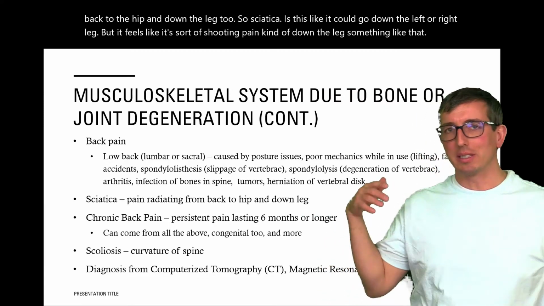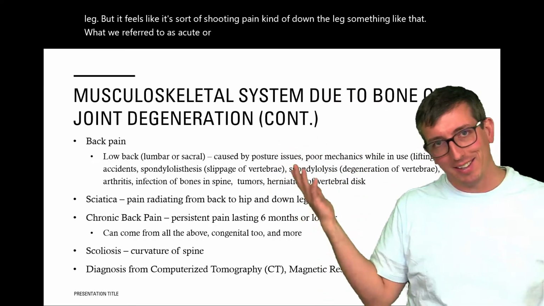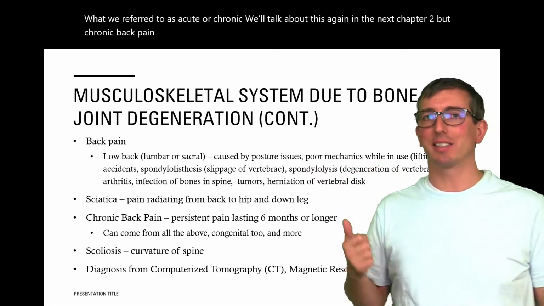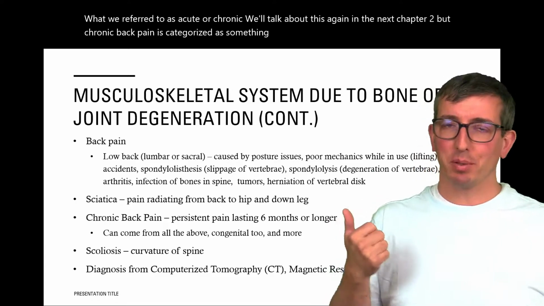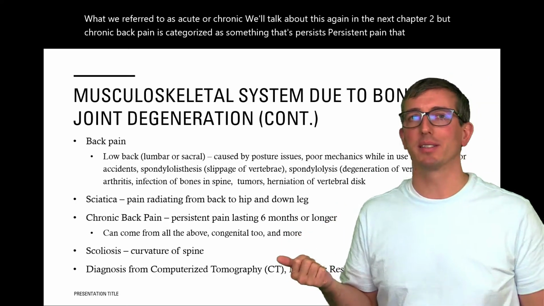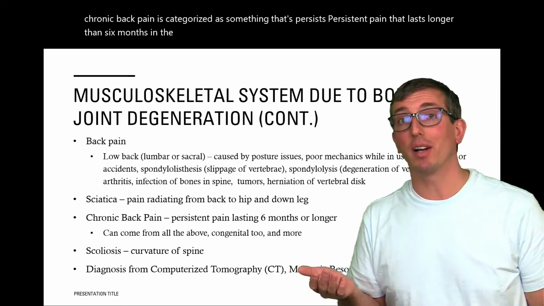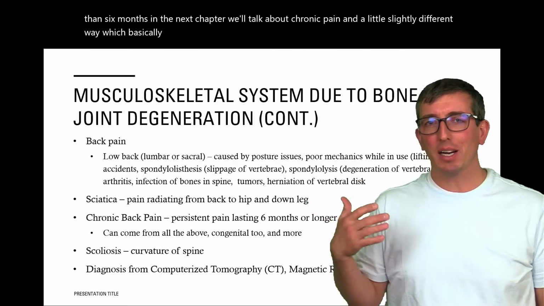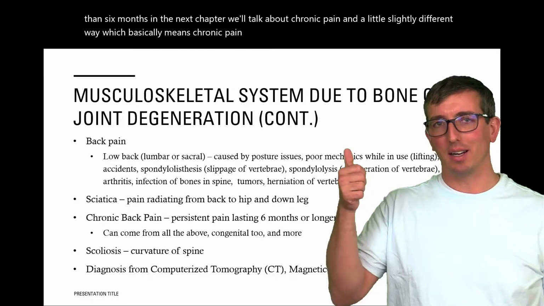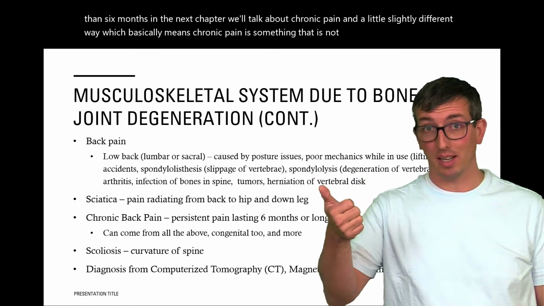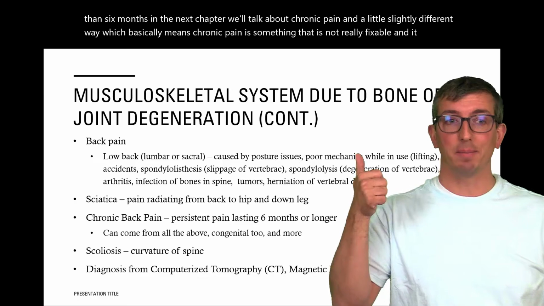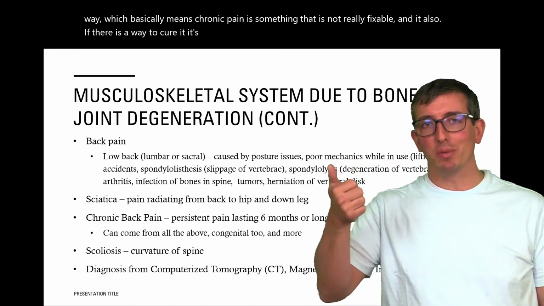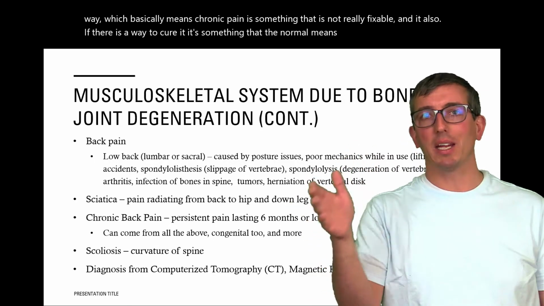What we refer to as acute or chronic, we'll talk about this again in the next chapter too, but chronic back pain is categorized as persistent pain that lasts longer than 6 months. In the next chapter, we'll talk about chronic pain in a slightly different way, which basically means chronic pain is something that is not really fixable, and if there is a way to cure it, the normal means of making the pain go away don't work.